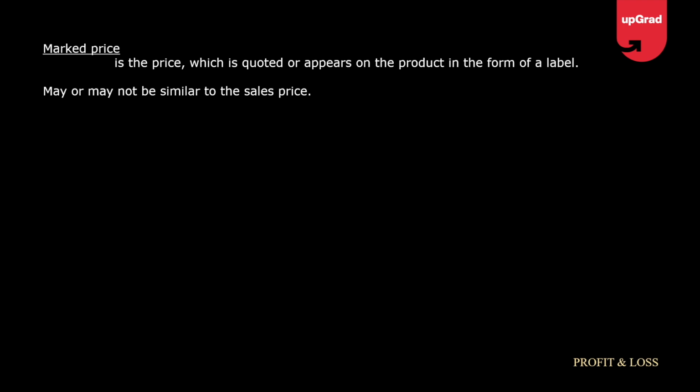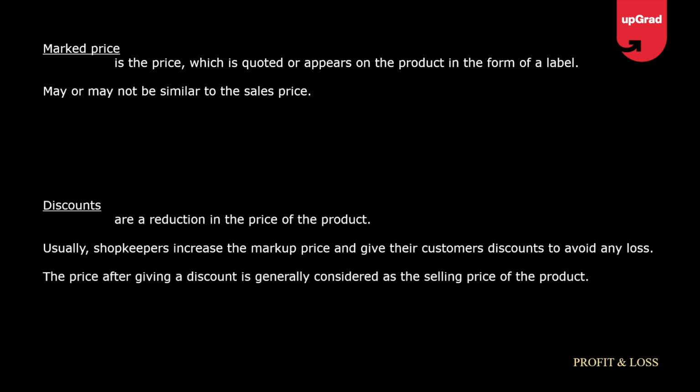So whatever price reduction the shopkeeper gives to you, that value is called as discount. So discounts are nothing but a reduction in the price of the product. Usually shopkeepers increase the markup price and give their customers discounts to avoid any loss. The price after giving a discount is generally considered as the selling price of the product.